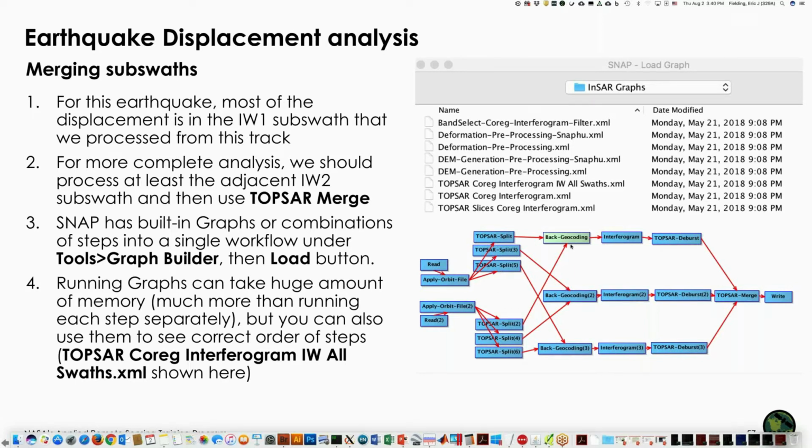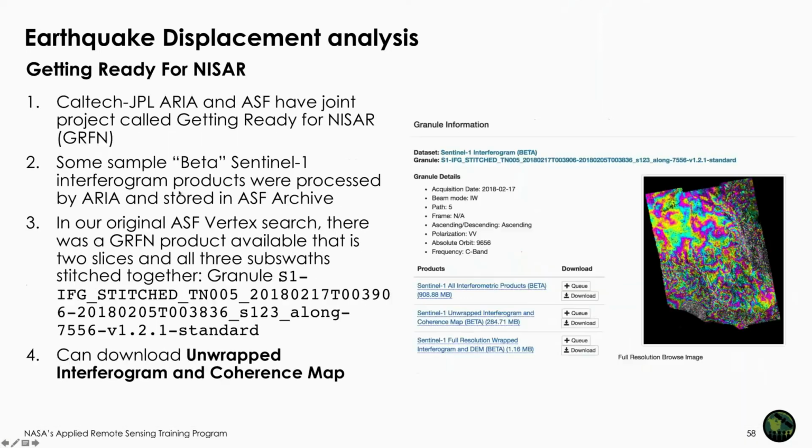And the 2 scenes form pairs for each one of the subswaths. Do the interferogram, do the deburst step, and then finally you can do the merge step. It's kind of a lot of extra work, so that's why they have the system set up where you can load that graph and then set up the inputs from the scenes and then have it go through all these steps. It can use a lot of memory, so you have to be careful about whether your machine is capable of doing all those steps.